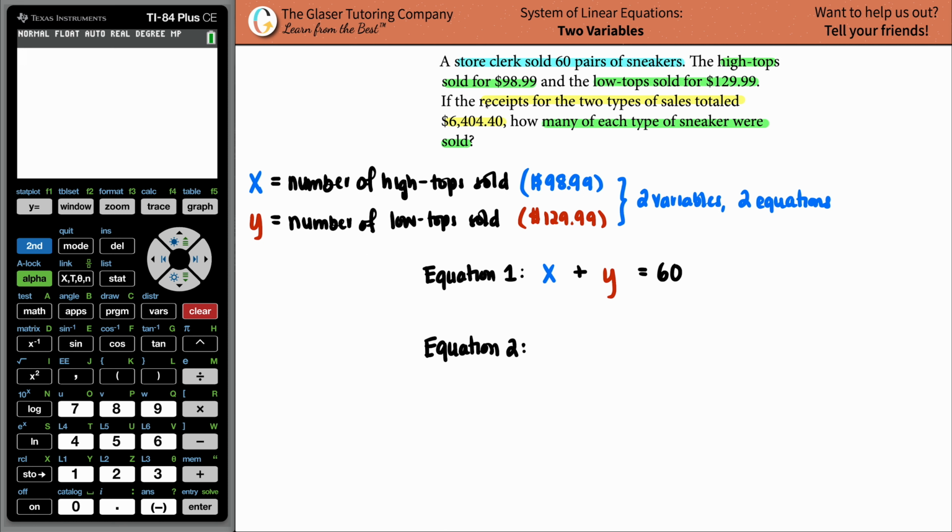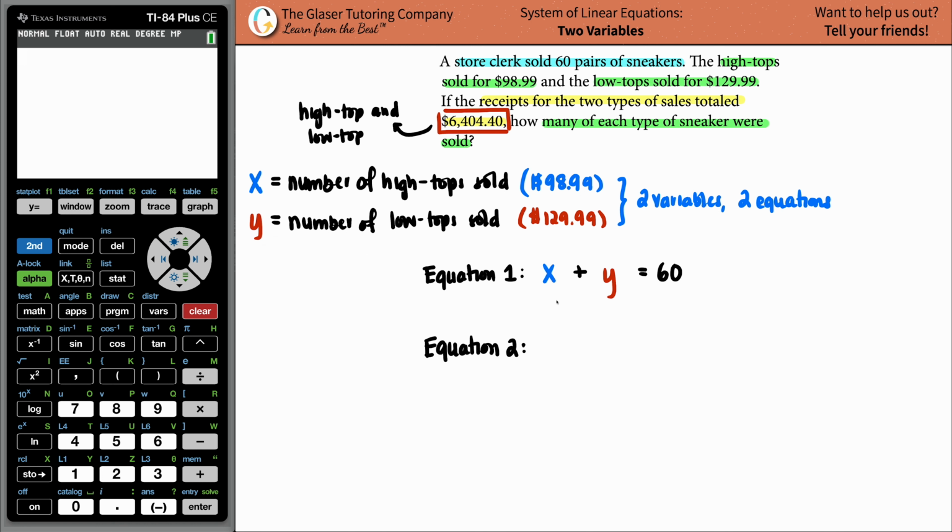Now they're saying that the receipts for the two types of sales totaled this. This total is for high tops and low tops, which means it's the total of how many high tops were sold times this, and how many low tops times this. So we could write an equation.